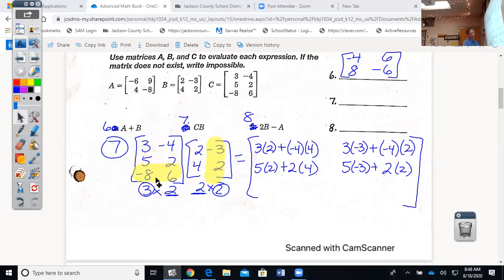And finally, third row, first column: -8 times 2 plus 6 times 4. And then last but not least, third row times second column: -8 times -3 plus 6 times 2.